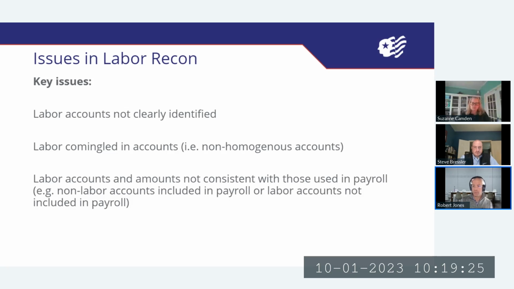So now all of a sudden, if the account doesn't say labor, then I don't know that there's labor in it. But regardless, even if it said labor, if you're coding other stuff to that account, then it's no longer a homogeneous account. It's no longer just labor, it's now labor and other stuff. So we have to be very careful that we keep our accounts homogeneous and we keep them clearly labeled.